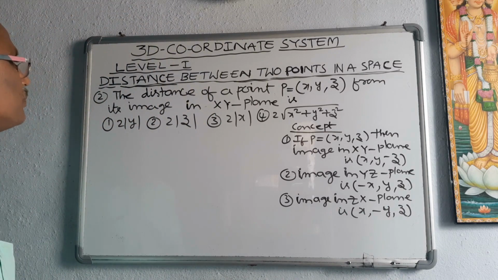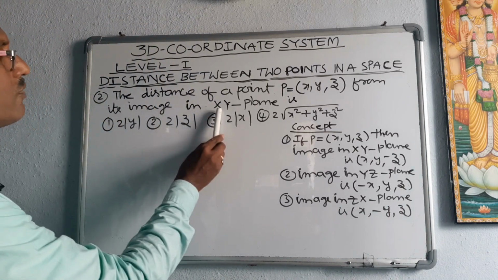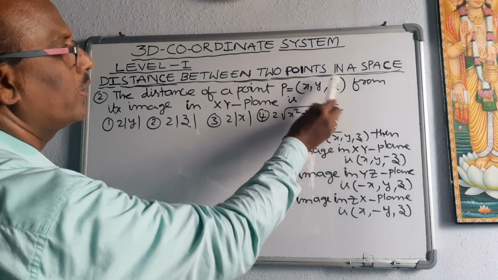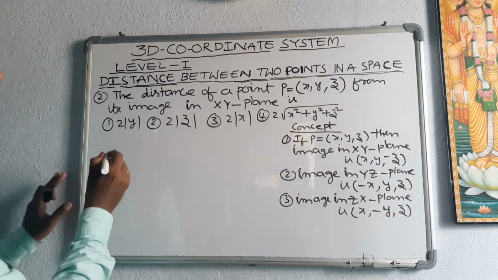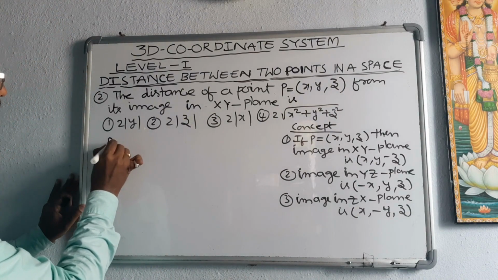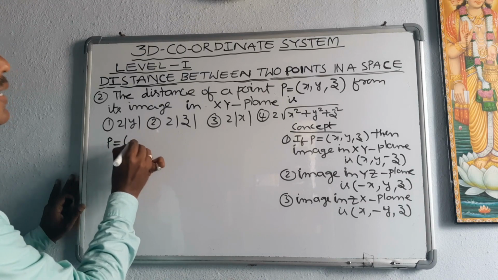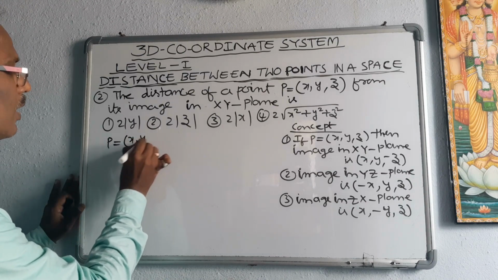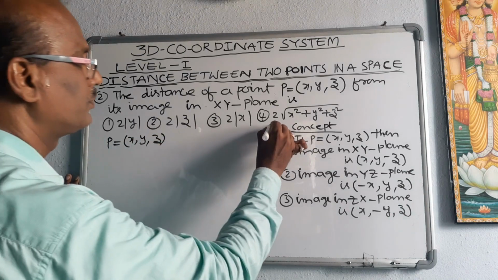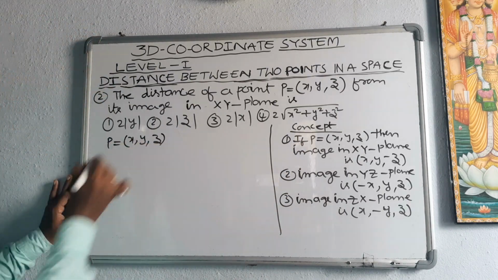In the problem, for the image in the xy plane, the z coordinate is negative. Given P is equal to (x, y, z).